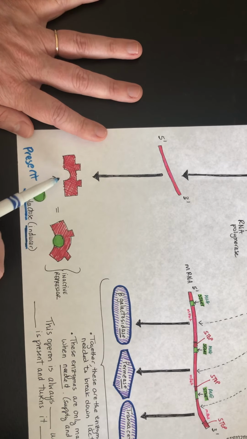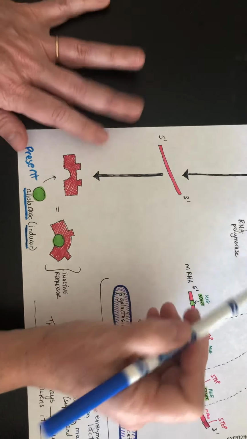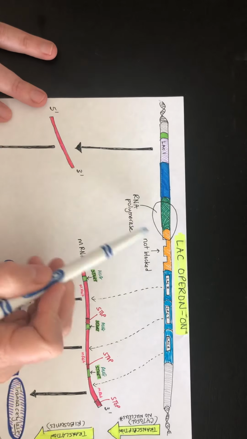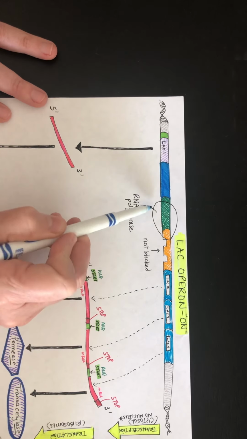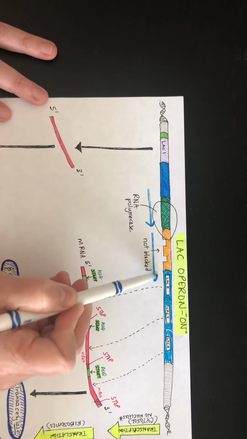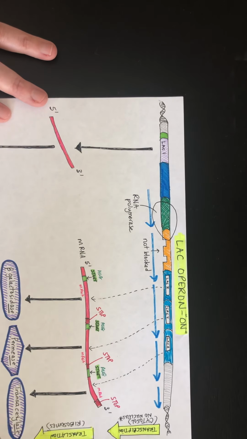And we know that when things bind to proteins, it changes the shape. So now that the shape is not correct, it cannot fit into our zone right here, which is our operator. So now RNA polymerase is free to continue and progress along that piece of DNA.